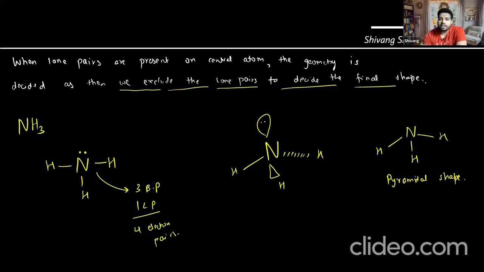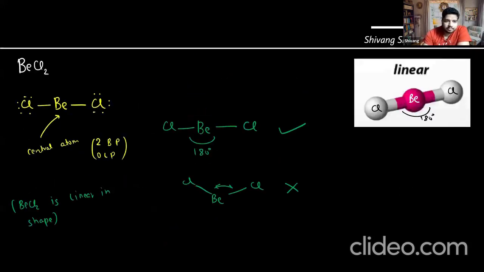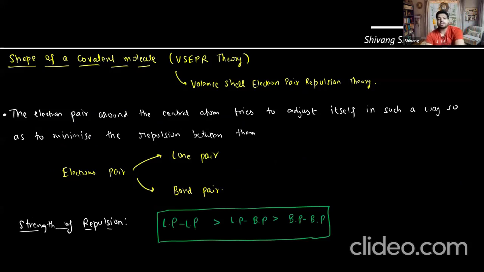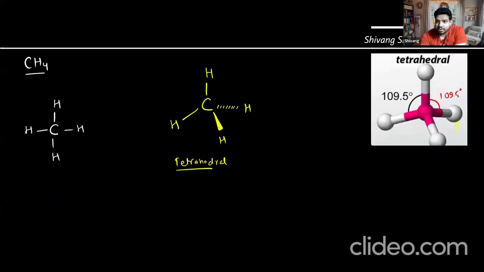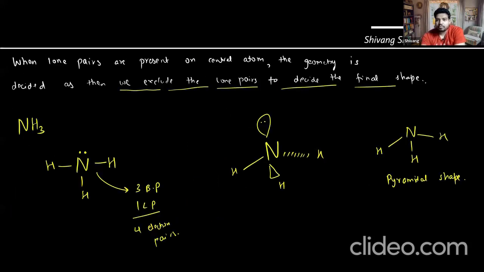Okay. Now remember that repulsion thing we discussed? Lone pair repels the most, then lone pair, and then bond pair, correct? So we're going to use it here. This lone pair is going to repel these bond pairs. Lone pair, bond pair repulsion is stronger than bond pair. So these bond pairs have to come closer to each other, right?